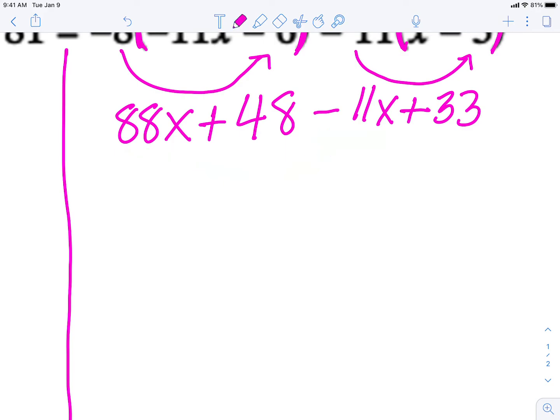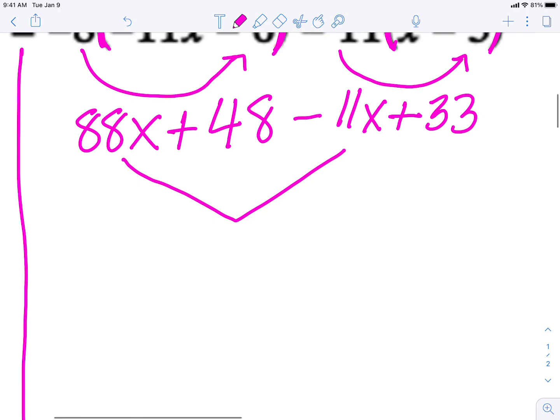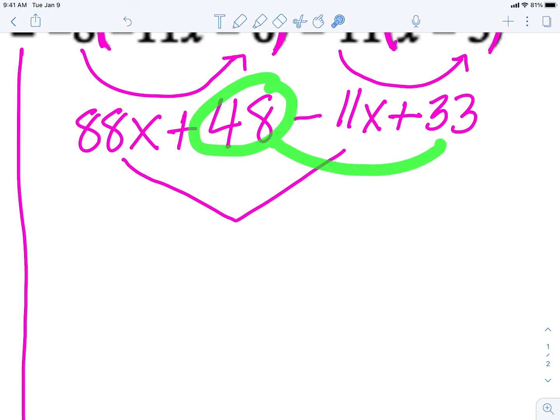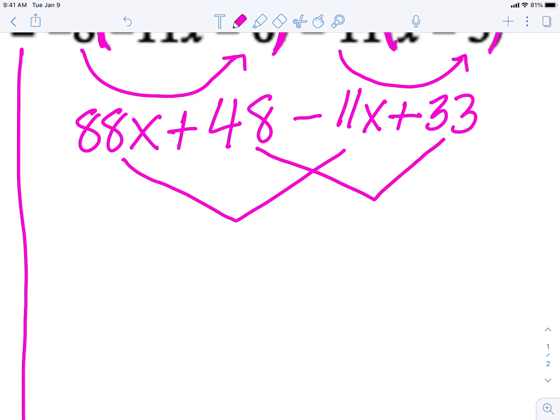So let me draw an arrow from 88x to negative 11x. But look what else I notice. This 48 is just a regular 48, and this 33 is also just a regular 33. So these are like terms as well. So I'm going to do a V from 48 to 33.